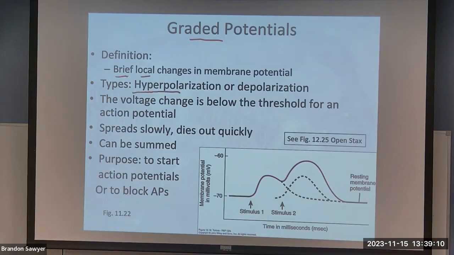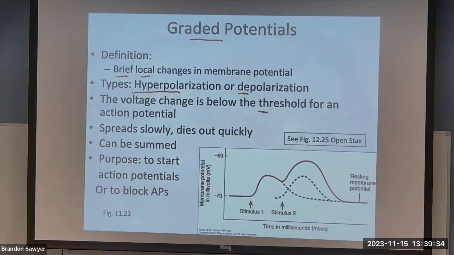We're moving that further down into the negative, or it can go up in the positive direction. That would be depolarization. Okay, all of these by definition, just a single graded potential will be below the threshold for an action potential. But we can do multiple graded potentials and they build on each other.